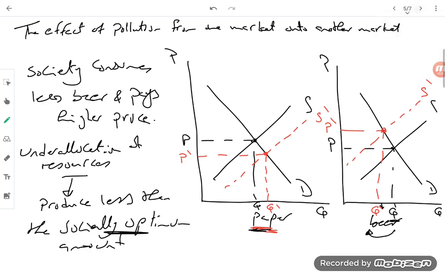Methods of regulation. Now we would like to control or avoid pollution. There are three different methods in order to limit the adverse environmental effect of pollution.